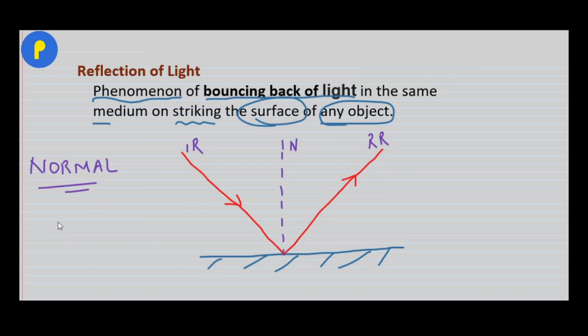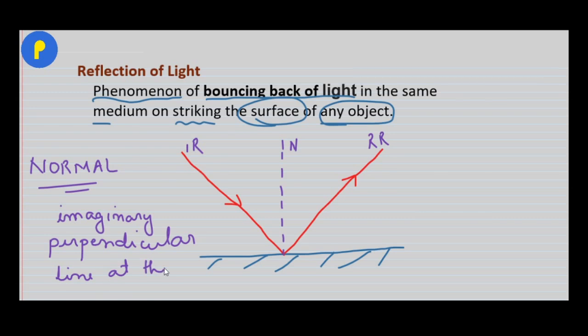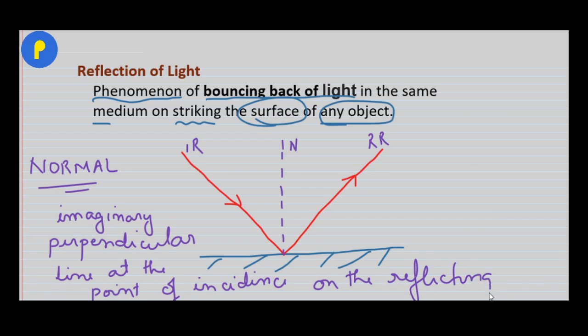Normal is an imaginary perpendicular line at the point of incidence on the reflecting surface.